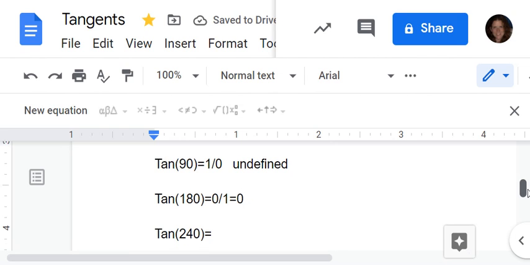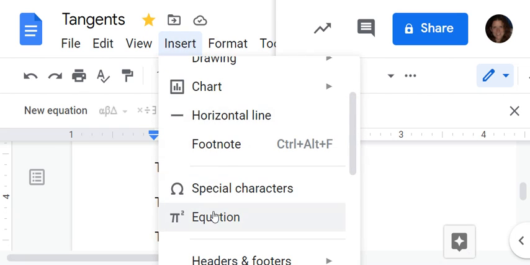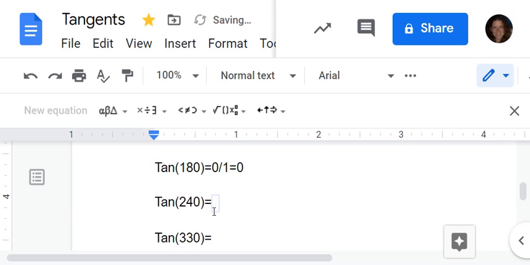Now, if we look at 240, we end up with negative 1/2, divided by, other way, 1/2 is on the bottom.